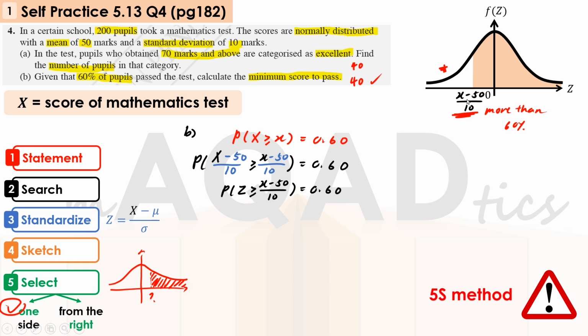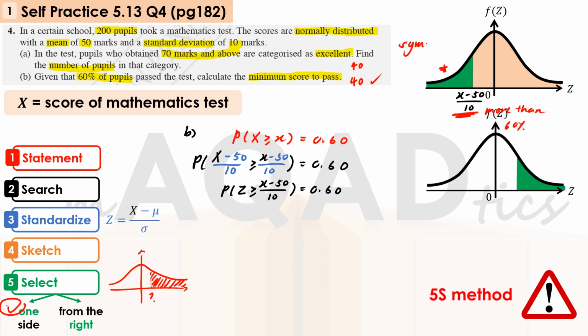Okay, so what we can do is we move this part to the other side of the graph. Okay, we can move it because this graph is symmetric, meaning if I split this graph by half, left and right have the same shape. Same shape meaning same area.